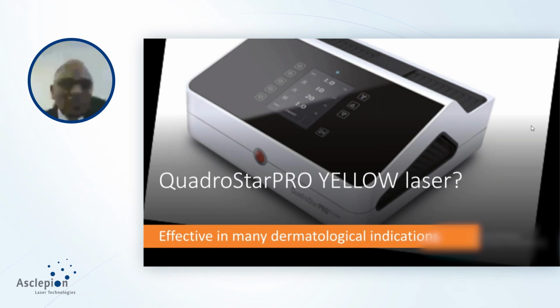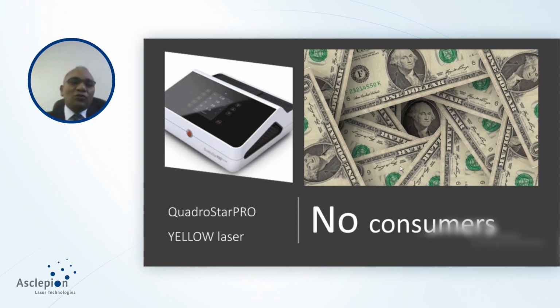One of the most important advantages of QuadroStarPRO is that it has no consumables. As we know, pulsed dye is a famous machine, but needs dye every few months. This increases the cost for the patient. QuadroStarPRO, we have had it for 5 years or more.